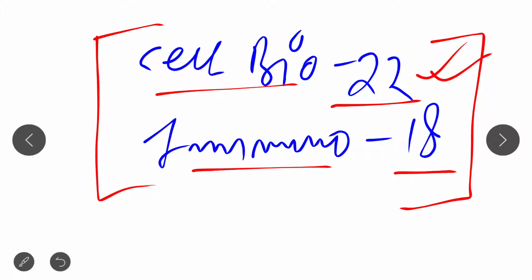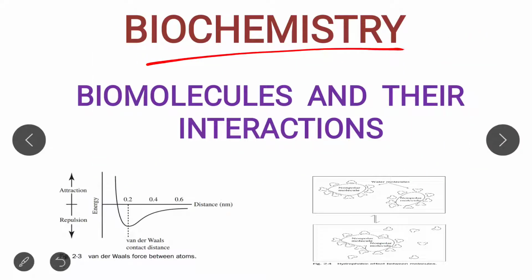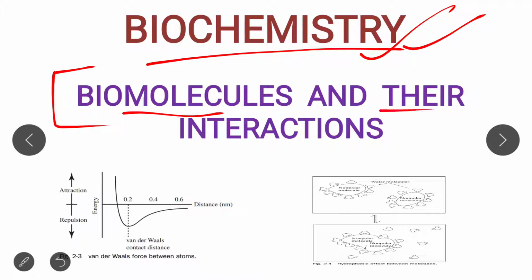So now let's start today's topic on a new module, module number 1, biochemistry. A very important module from every perspective. Let's start lecture 1 of biochemistry, that is biomolecules and their interactions.